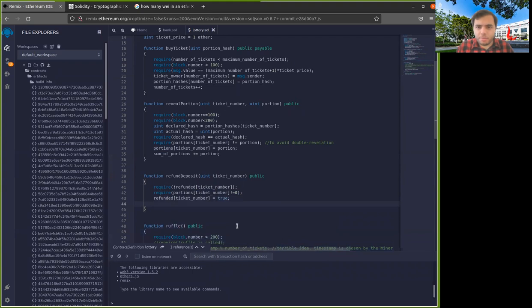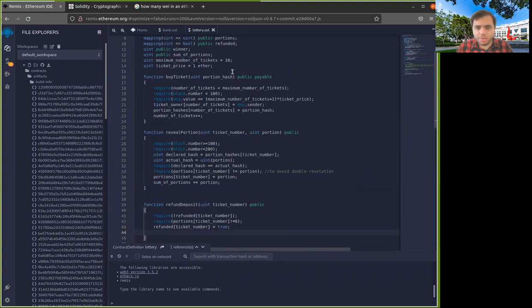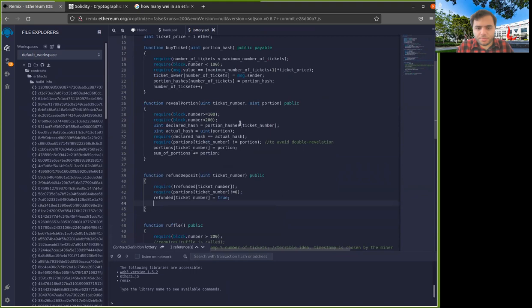And I pay the ticket owner. So the receiver would be the ticket owner of this particular ticket number. I have to have address payable, and this should also be payable.